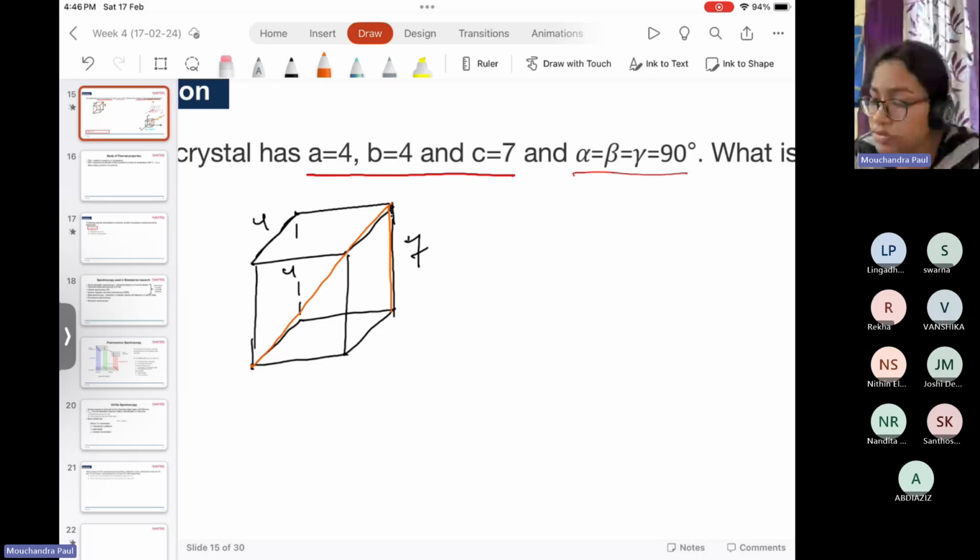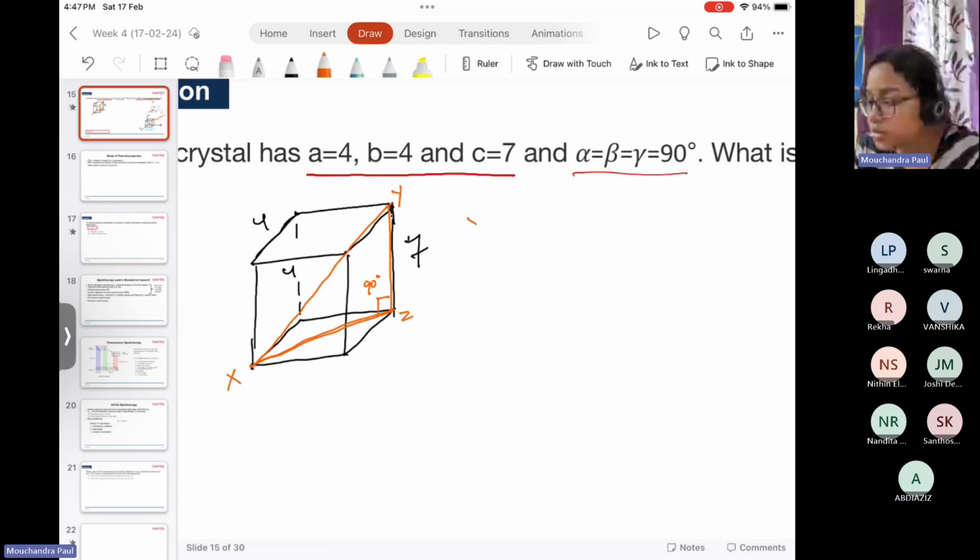To find its length, I will use the Pythagoras theorem, which applies on a right-angled triangle. Since alpha, beta, gamma are all 90-degree, this triangle which I've drawn in orange will also have a 90-degree angle. So I can simply use the Pythagoras theorem. If I name the triangle, I can name it X, Y, and Z.